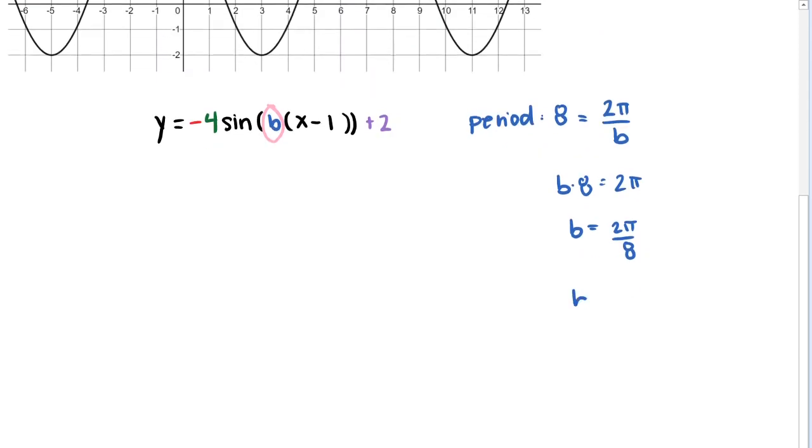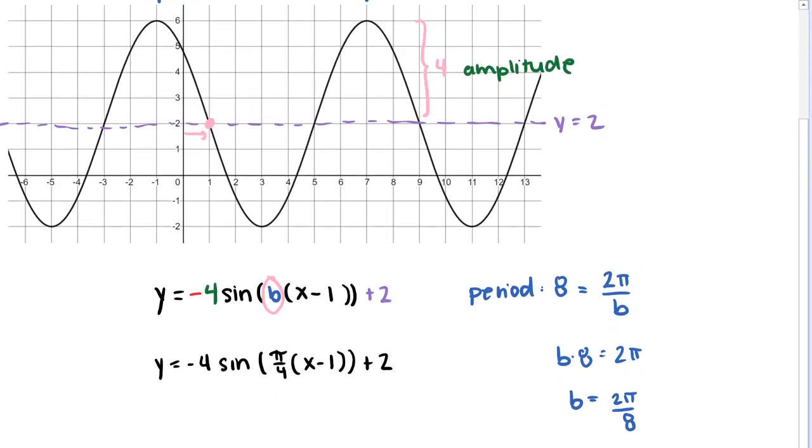And so b is equal to pi over 4. And so maybe I'll just rewrite this one more time. This is y is equal to negative 4 times sine of pi over 4 times x take away 1 plus 2. So this is one equation for this graph.